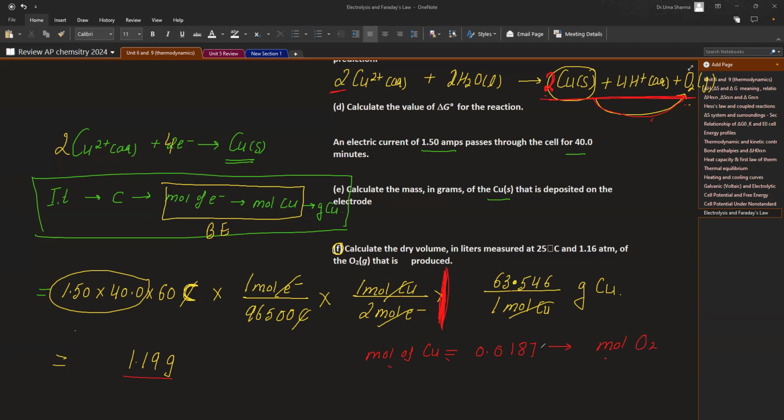So the moles of oxygen will be exactly half of this number, which Sudeep is telling us. Atharva and Sudeep are giving me the same answer. So I take it that is right. I'm not doing it. These are the moles of oxygen. Now read this part. What are they asking? And why I calculated the moles of oxygen for this part? Anyone?